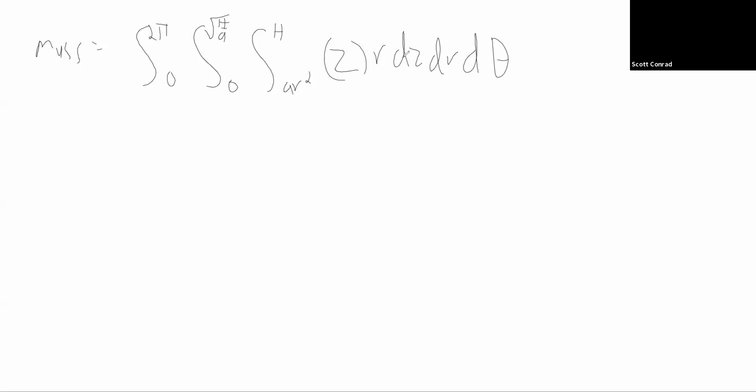And so let me go through this really quickly. Integrating z r with respect to z, you get r over 2 z squared, evaluated from z equals a r squared up to h.